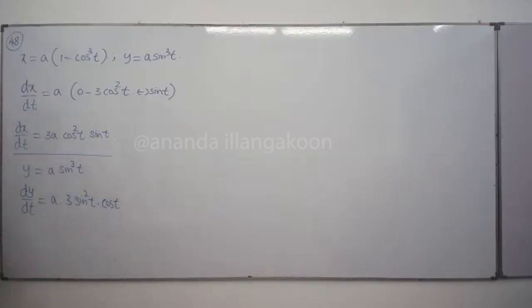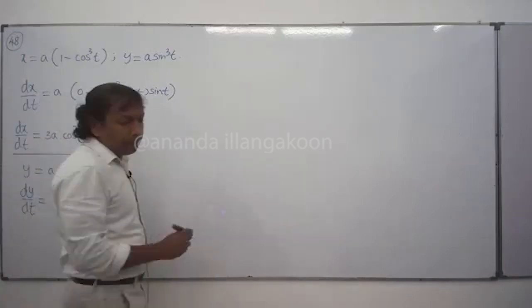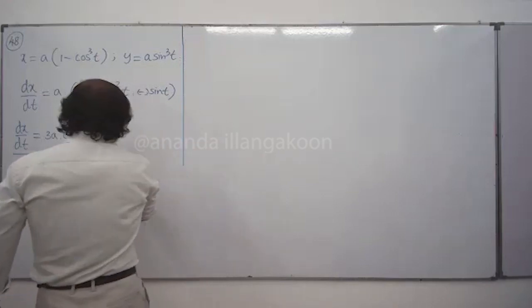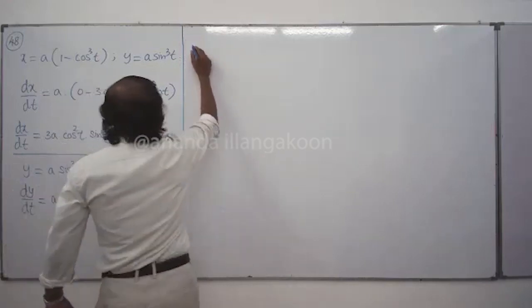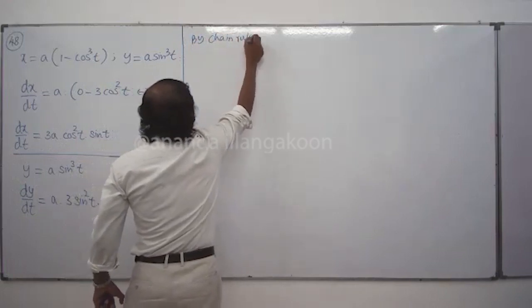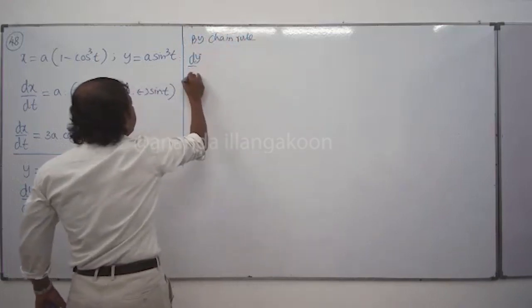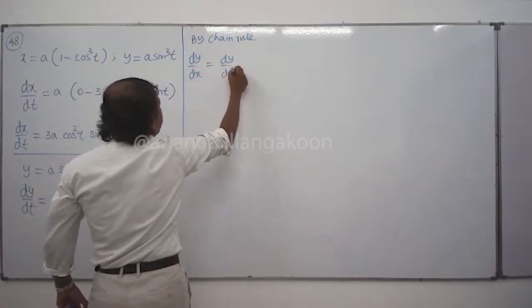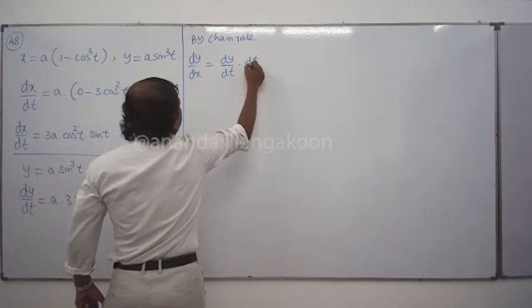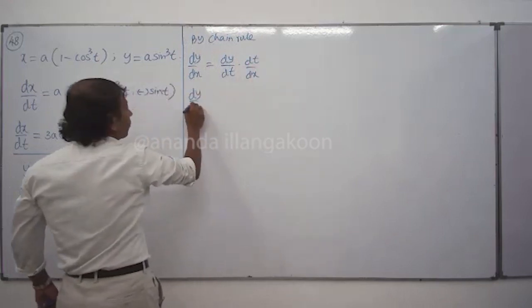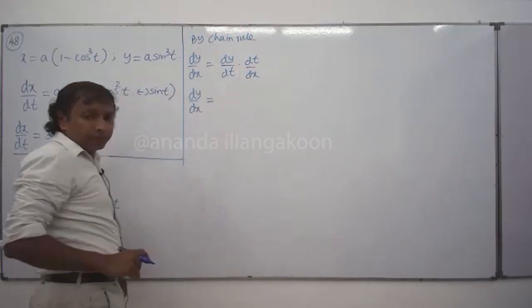Now apply the chain rule: dy by dx is equal to dy by dt times dt by dx.